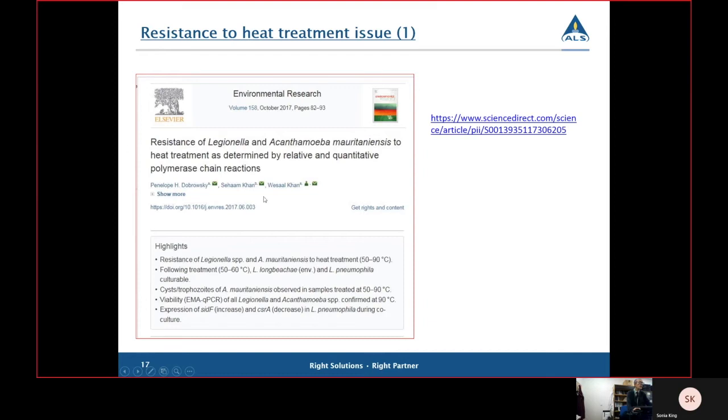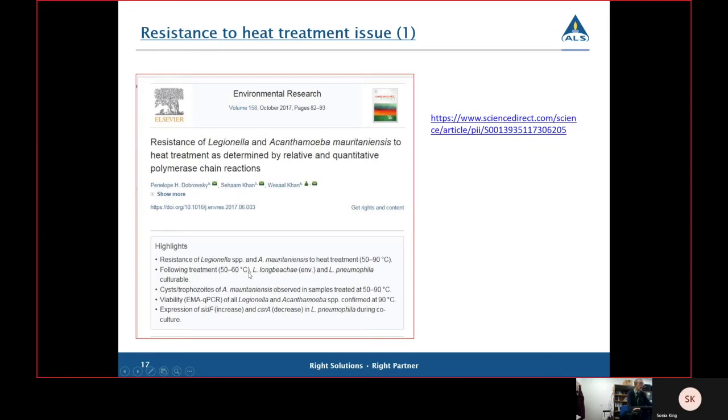This is an interesting paper which I won't open up, but you can get the full article from there, which is resistance of Legionella and Acanthamoeba to heat treatment. Looking at the highlights, resistance of Legionella and Acanthamoeba, I won't pronounce the second word because I can't, to heat treatment from 50 to 90.